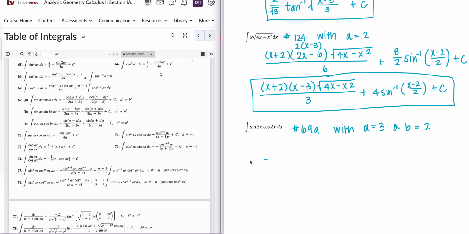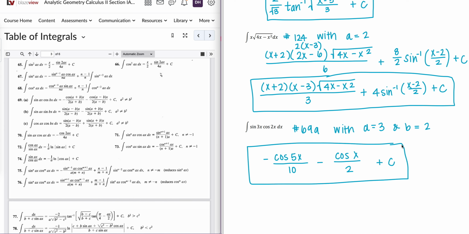So that's going to be cosine of 5x over twice the sum, so 2 times 5 is 10, minus cosine, and then we're going to subtract the two numbers, so 3 minus 2 is a 1, so cosine 1x, or just cosine x. And then again, twice the difference here, so 2 times 1 is 2, plus c. And that is done.